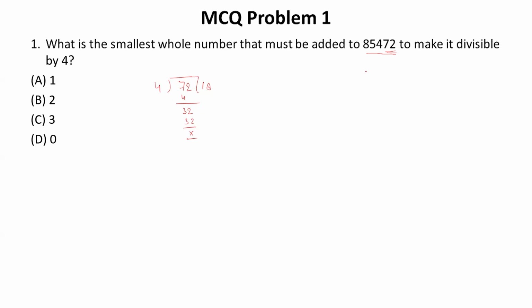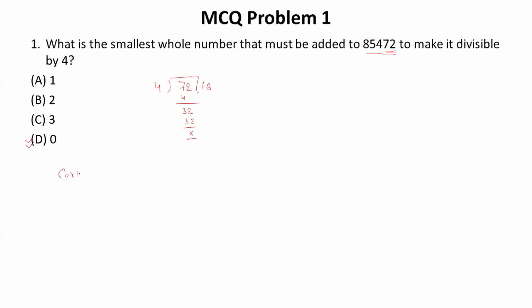It is actually divisible by 4. So 0. You don't need to add anything. So this number itself is divisible by 4. So if you add 0 in this, the whole number is divisible by 4.